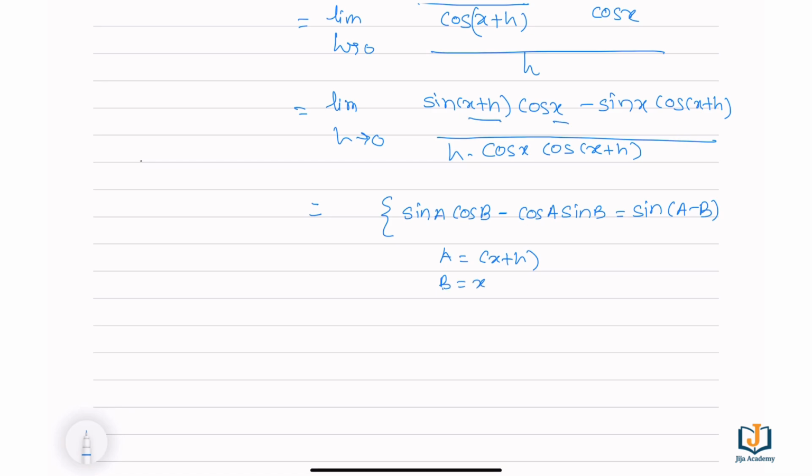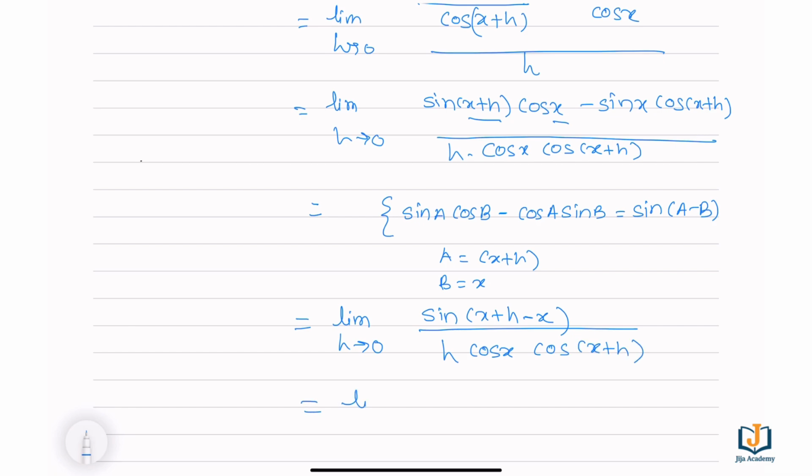So we get here limit h tends to 0 sin (x plus h minus x) divided by h cos x into cos (x plus h).